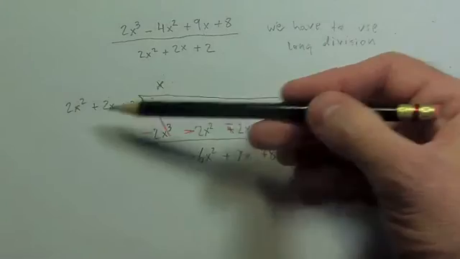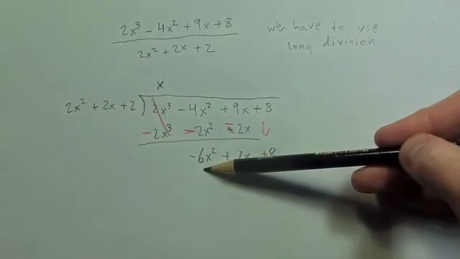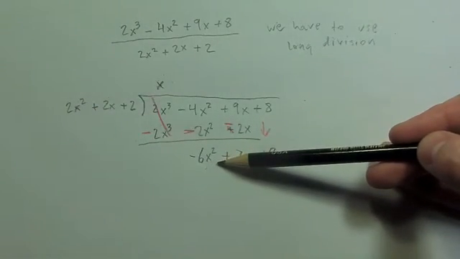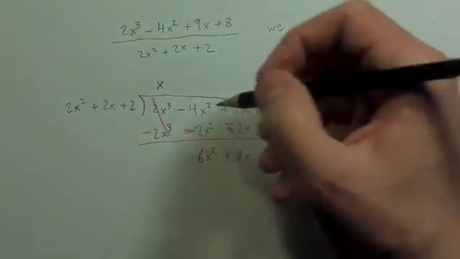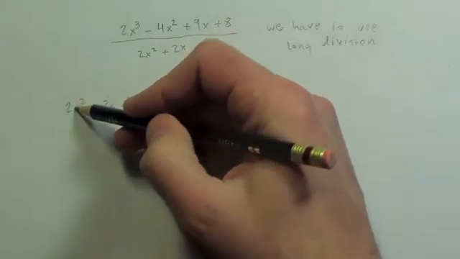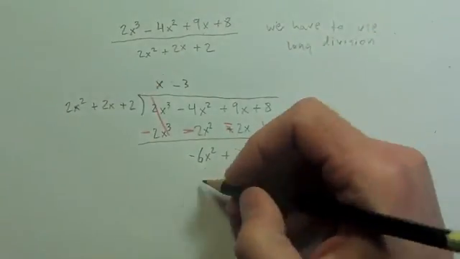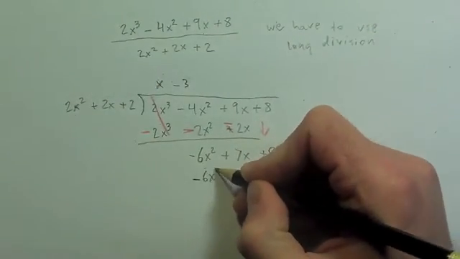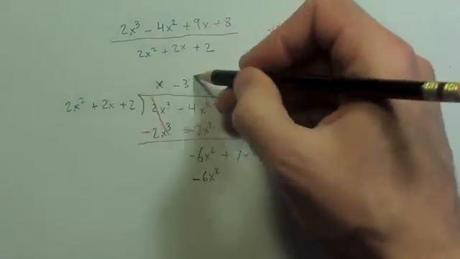Now I want to multiply the 2x squared by something to match this negative 6x squared. So I think negative 3 is in order. Negative 3 times the 2x squared gives me a minus 6x squared. Then we multiply the negative 3 by everything else.